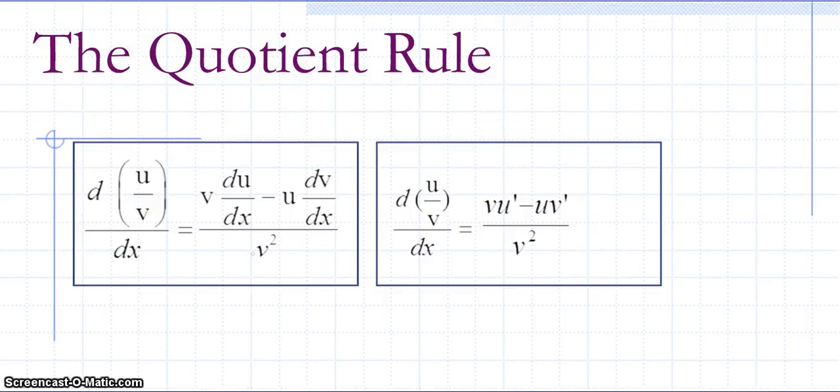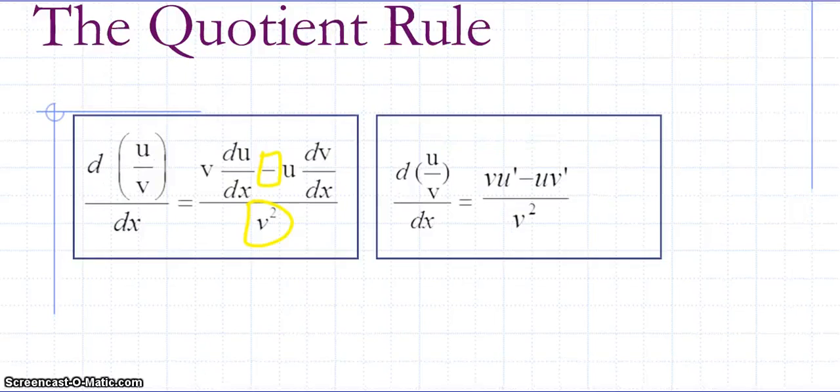Now the quotient rule, it's very important the order in which you do things. It's important because subtraction is involved and the denominator stays in the denominator but it becomes squared. So now you need to remember the order in which you're going to do the division using the quotient rule.